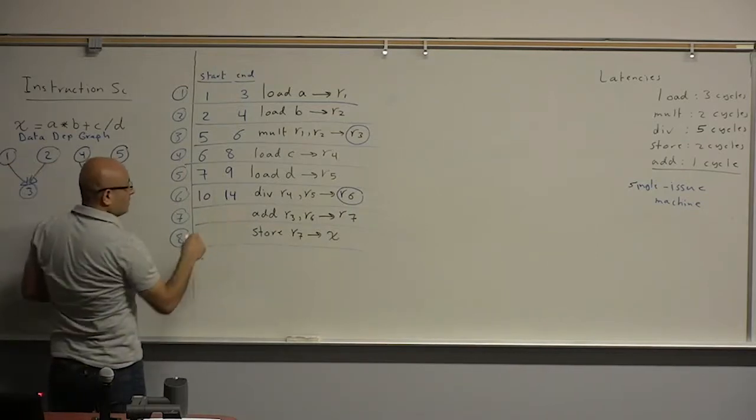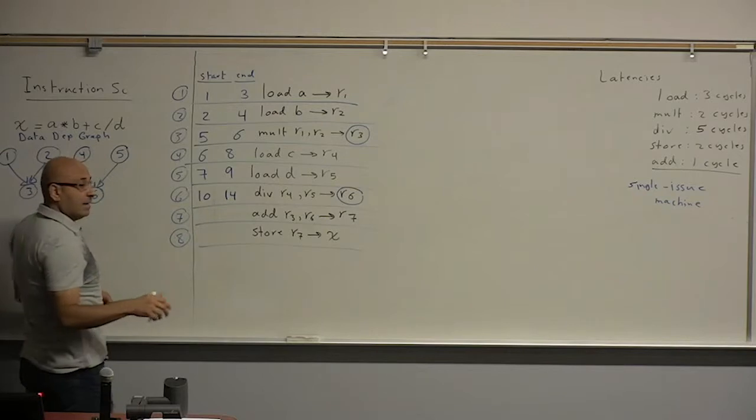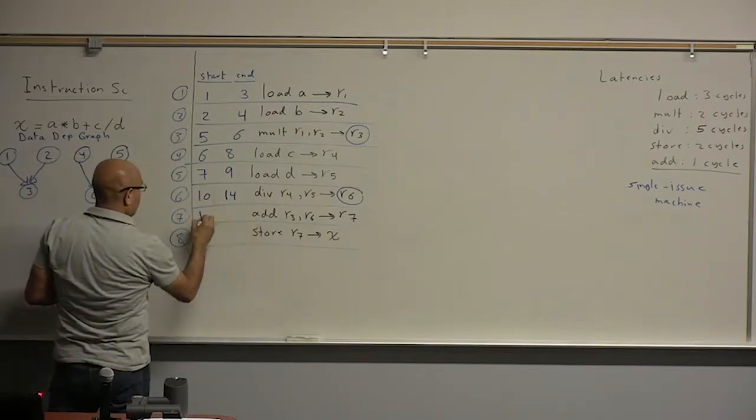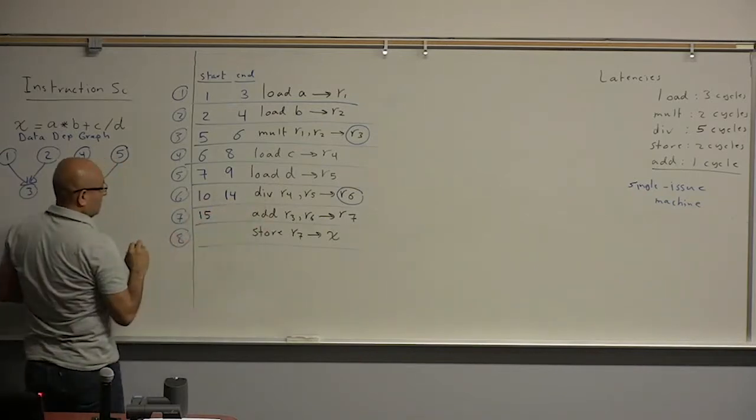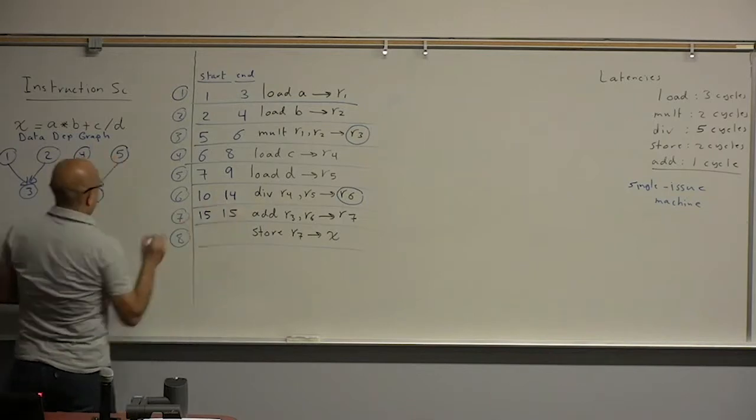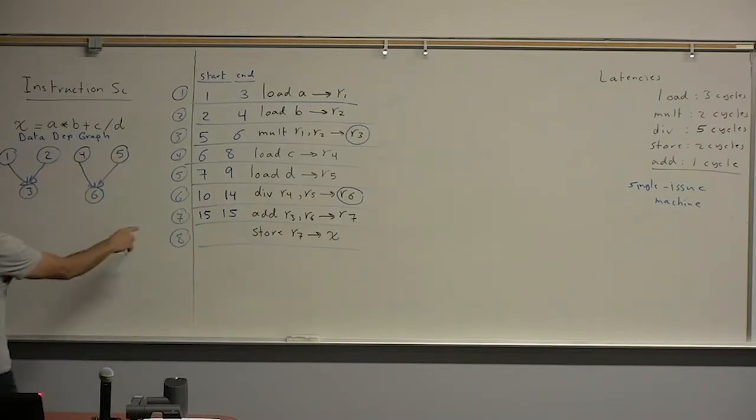So we can't start this add any earlier than cycle 15 because it's dependent. And so in our dependence graph here, 7 is dependent on 3 and 6, and 8 is dependent on 7. So this data dependence graph is very intuitive, right?